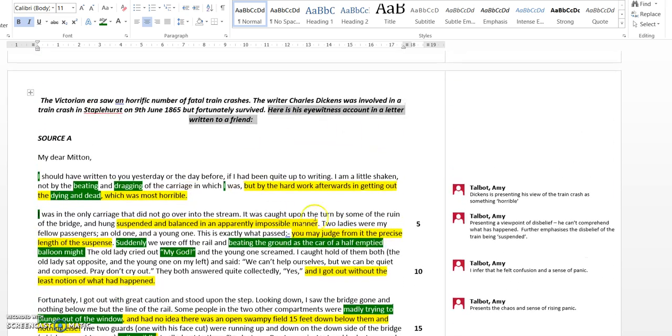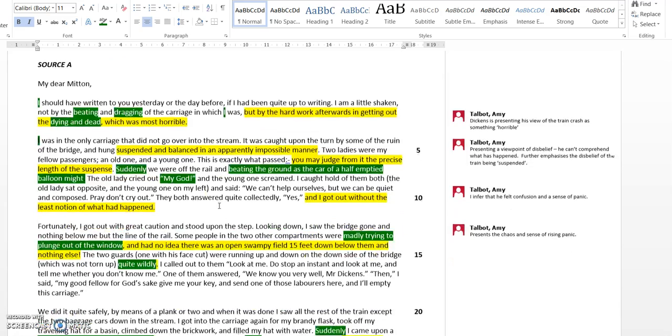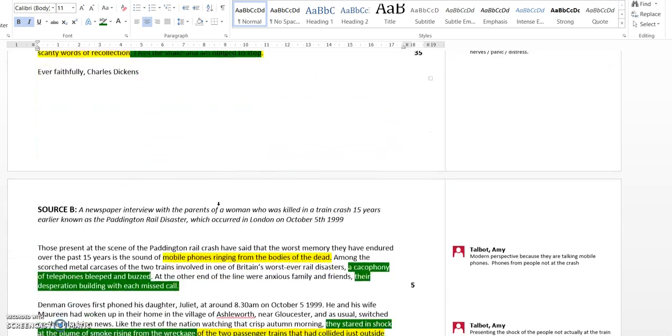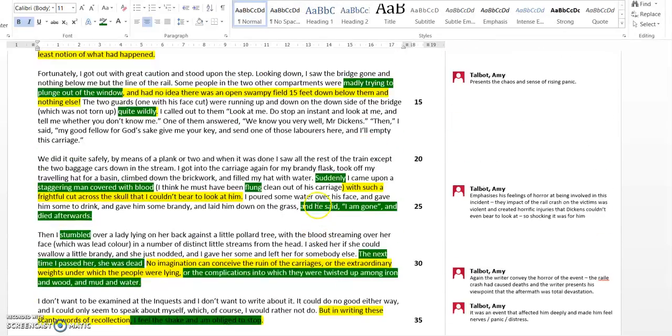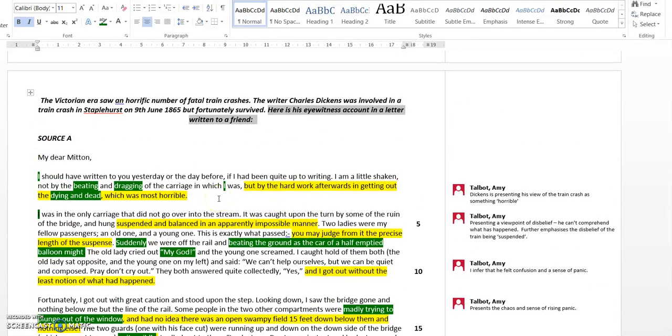Here we've got the newspaper writer who's interviewing parents, reporting on their reactions and their thoughts and feelings about the train crash. So he uses words like 'they' and talks about the parents of the daughter who tragically died in that train crash. So that's a difference to pick out straight away.